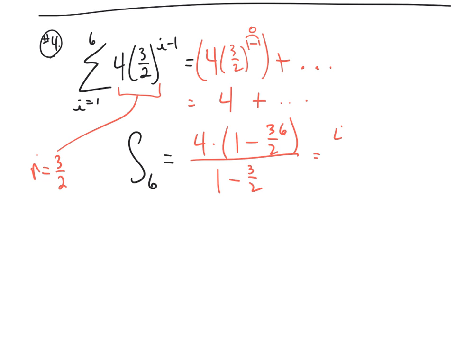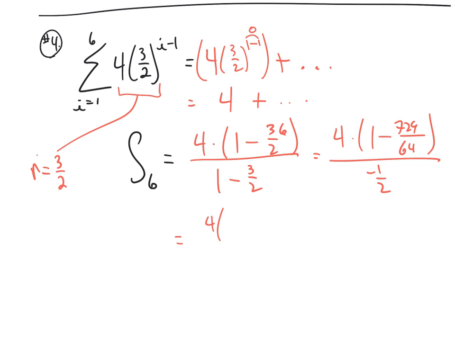And again, just some computation on your calculator. I forget what 3 to the 6th is, okay? 729. 2 to the 6th power is 64, isn't it? Yep, so that's a 64. And downstairs, 1 minus 3/2 is negative 1/2.